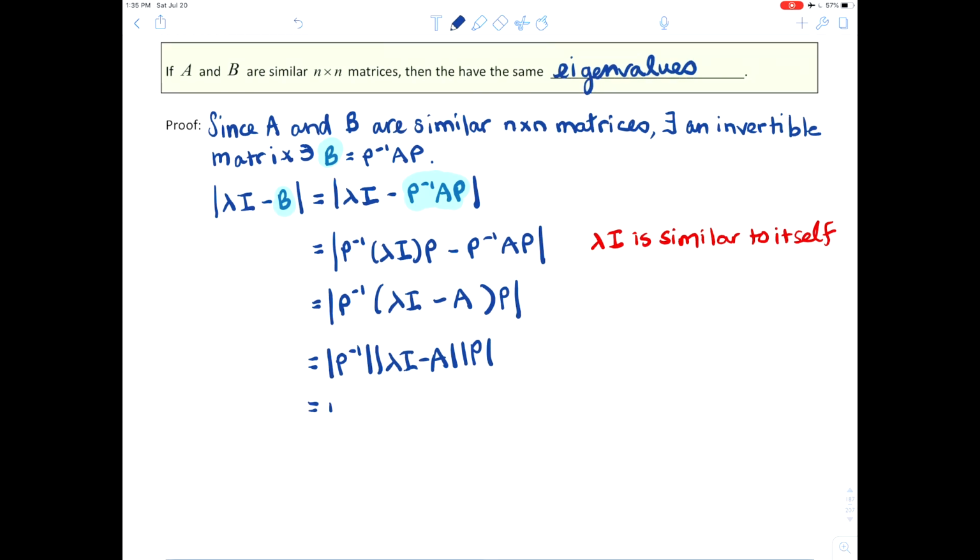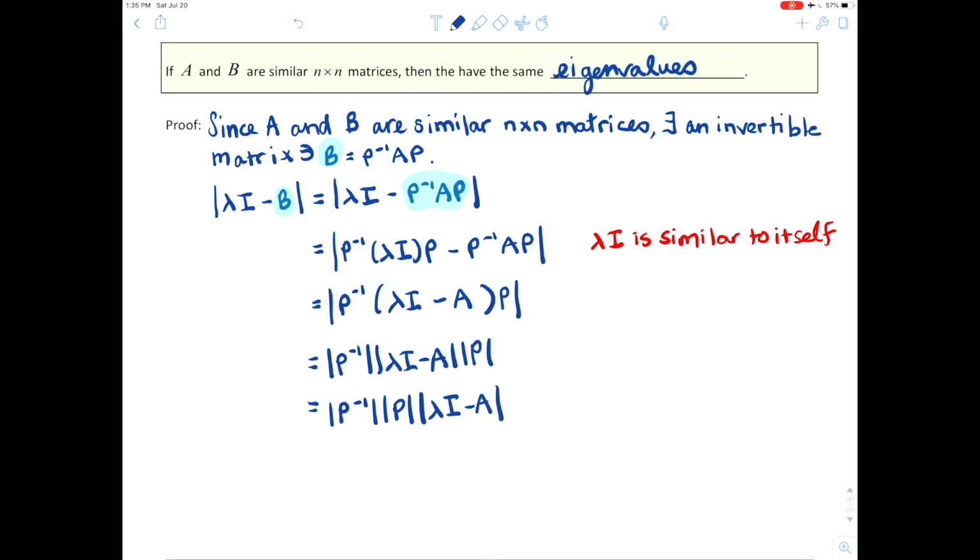So I can move those scalars around, right? So I'll have the determinant of P inverse times the determinant of P times the determinant of lambda I minus A.